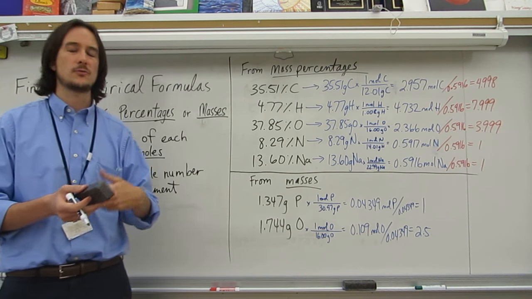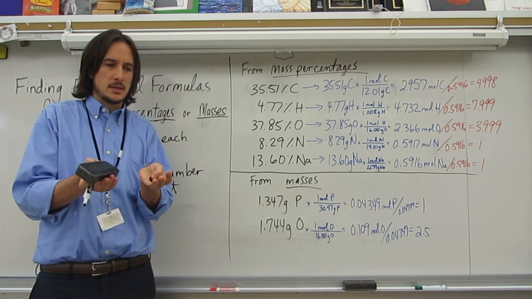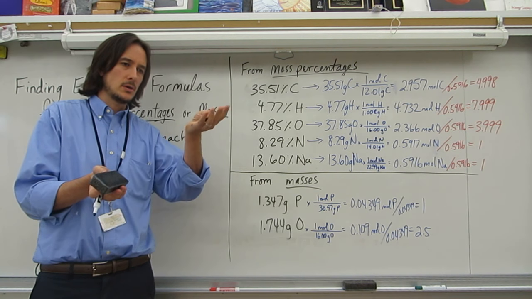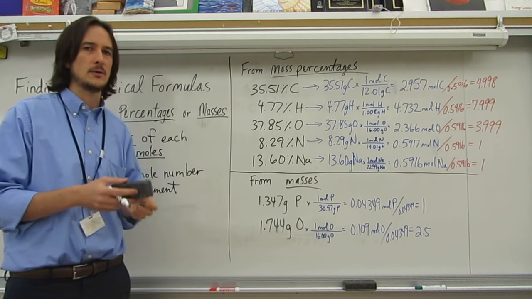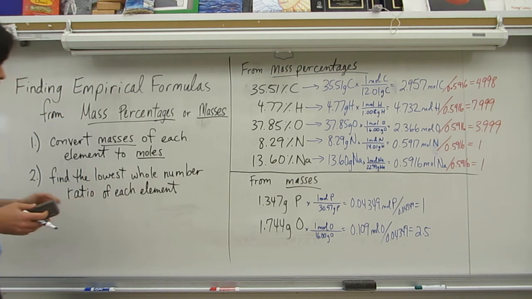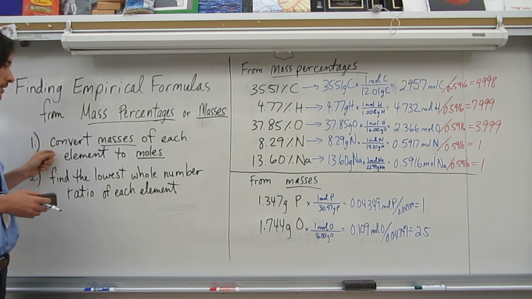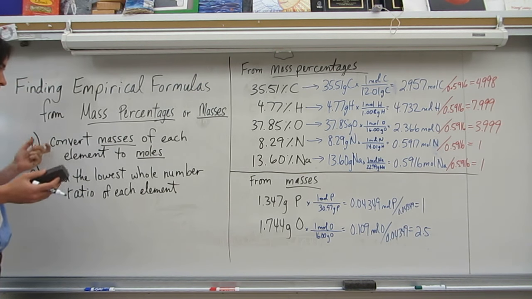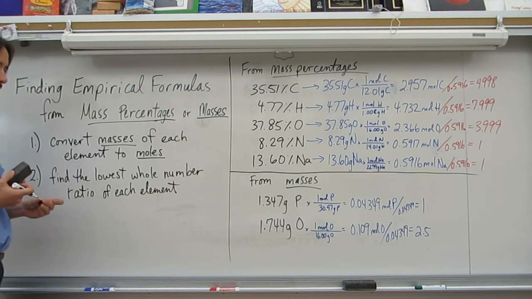For example, you have a 10-gram sample and 3 grams are this element and 7 grams are this element, you can figure out the empirical formula. You just need a periodic table. So step one, we convert masses of each element to moles. No problem, one-step conversion. And step two, we find the lowest whole number ratio of each element.